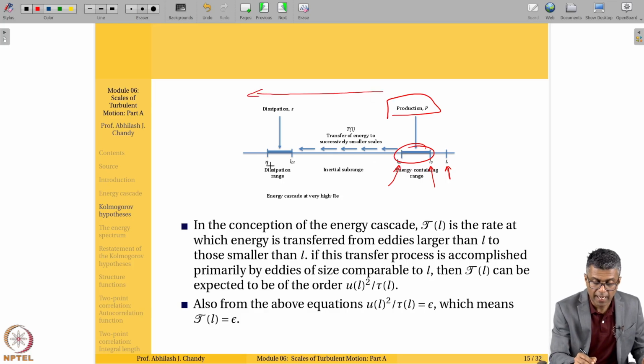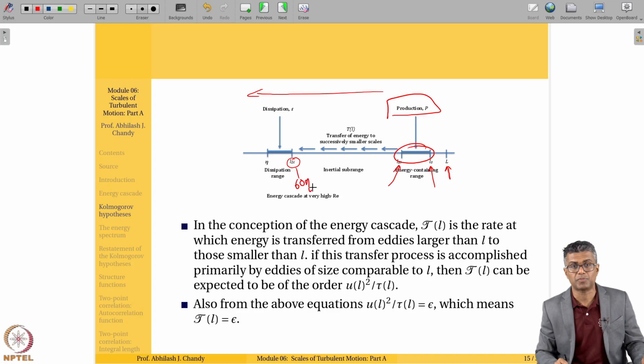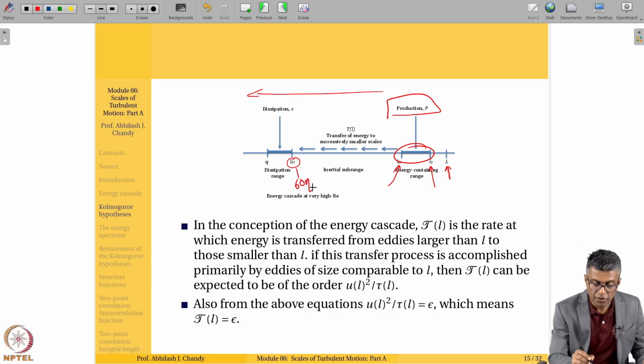I have L_DI as a separation length scale, which is approximately 60 times eta. Everything between 60 eta and eta is the dissipation range. This is where the dissipation is happening. This inertial subrange is only dependent on epsilon, isn't it?